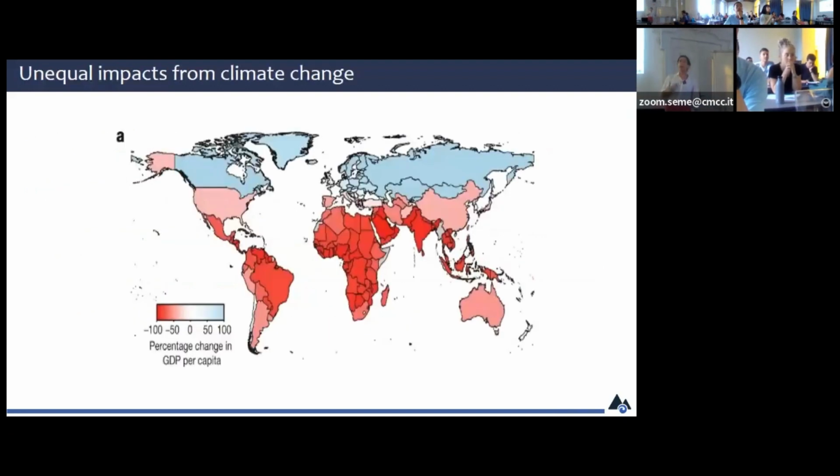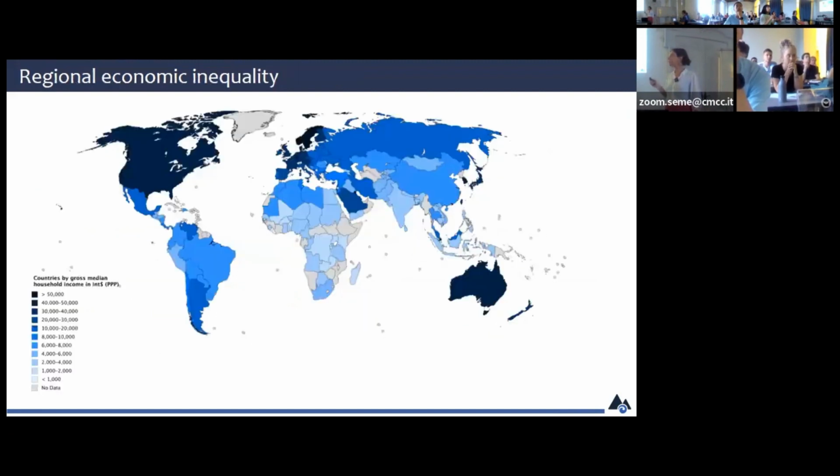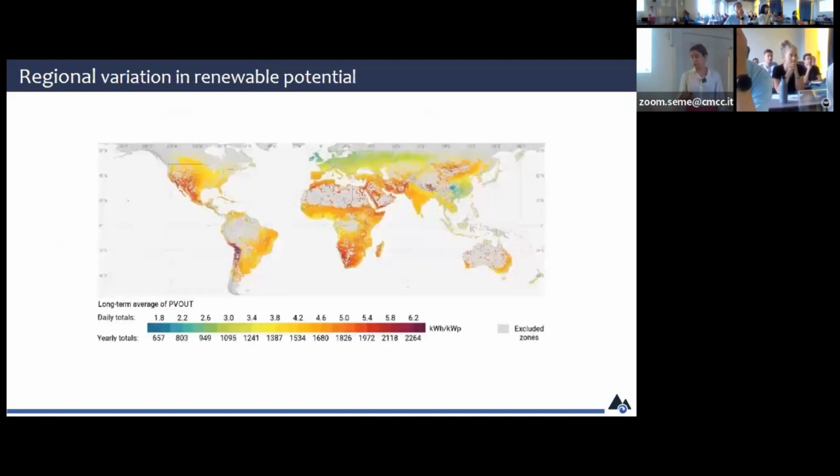To convince you that there is heterogeneity, you know that climate damages are very heterogeneous. I'm not going to dwell on that too much. But there's also ability to pay. This is the distribution of gross median household income in dollars and PPP. And you see, obviously, the huge heterogeneity that represents heterogeneity in ability to pay for mitigation. But there's also a very heterogeneous potential for solar power, for example.